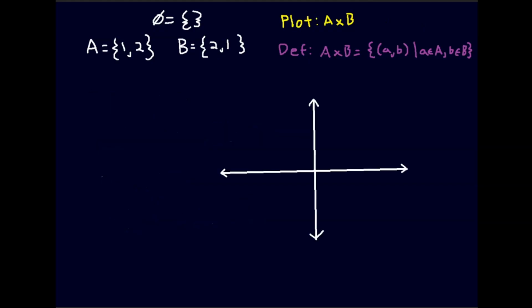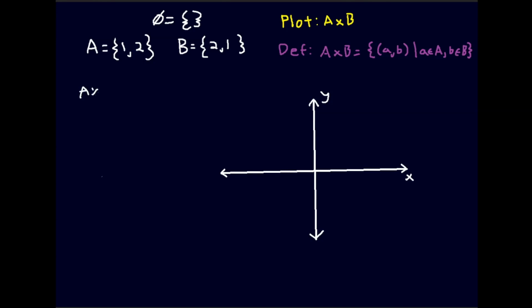Okay, and for our final example, let's tie this back to something you've seen 1,000 times before probably, and it is the Cartesian plane. So this is our y-axis, and this is our x-axis, and we're being asked to plot the ordered pairs of the Cartesian product of A and B. So let's look at what A and B would be.